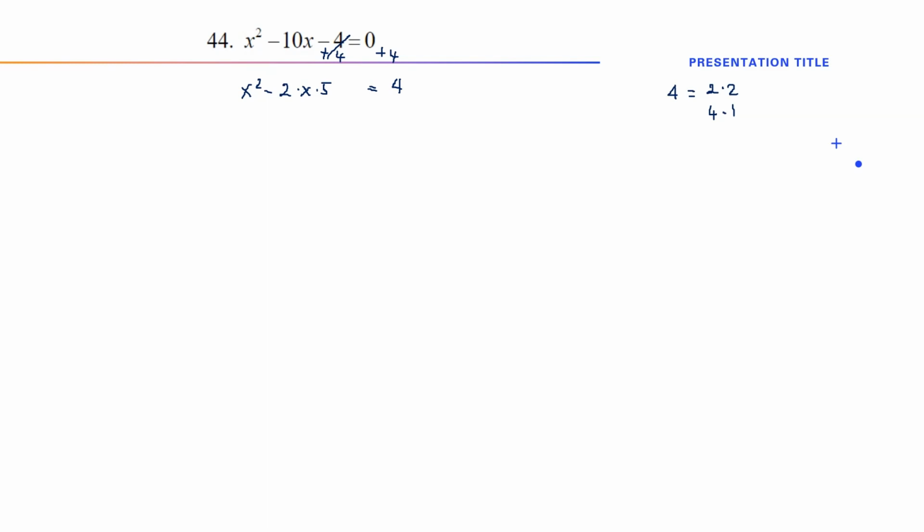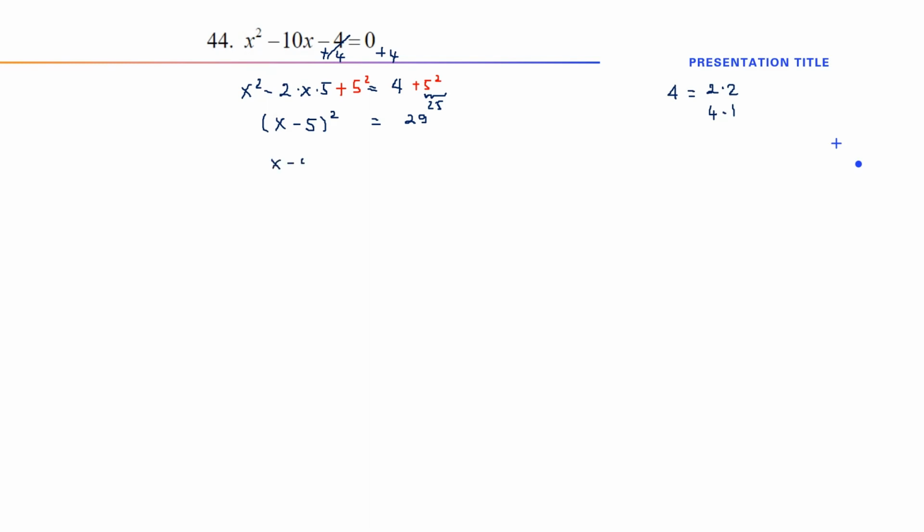Then to complete the square, we add 5 squared both sides. Now we have x minus 5 all squared equal 25 and 4, that's 29.